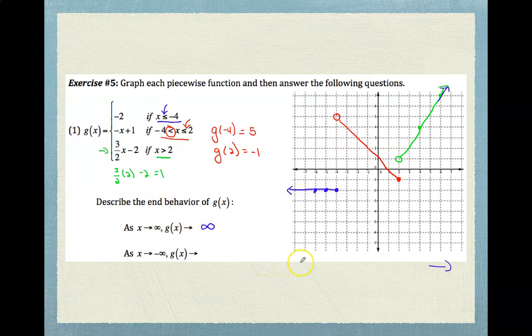On the left-hand side, as x approaches negative infinity, as x goes farther and farther that way, my arrow here is going to stay level. It is always, for any number less than -4, it will stay at this -2 spot. So we say that g of x is going to approach -2. It's not going to go up, it's not going to go down, it will stay even.